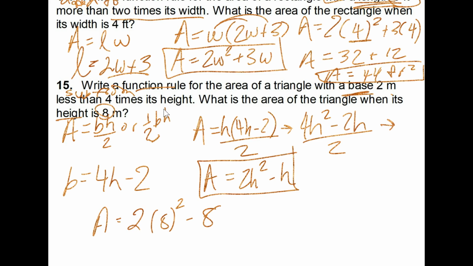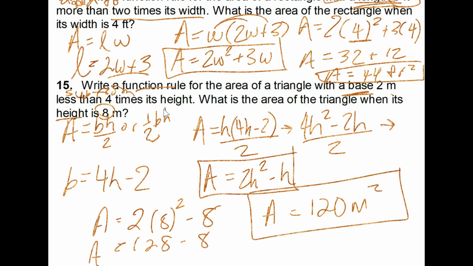Yes, that's right. 8 squared is 64. 2 times 64 is 128, minus 8. So my area is going to be 120 what? Meters what? Squared.